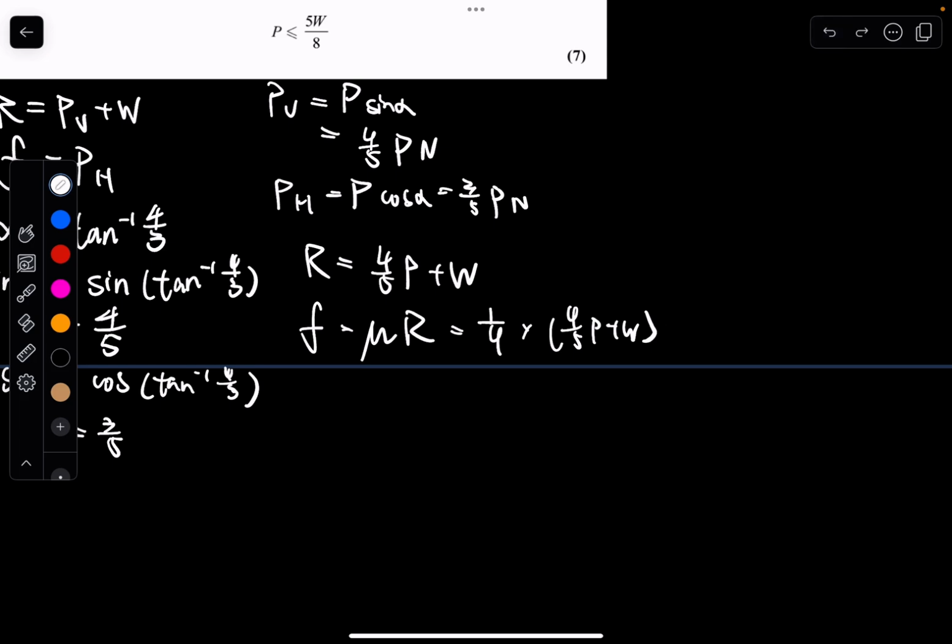Should it be less than or equal to? Oh, it should be more than equal to 3/5P, which is PH, right?